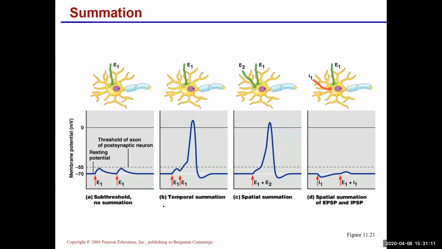Right over here, you have no summation. What is happening? There is an excitatory signal coming in from the presynaptic neuron. This is a postsynaptic neuron, but it's not enough to cause the action potential. You can see it's probably positive 14. It's a little bit shy of reaching negative 15, which was the threshold. And then again, the sodium potassium pump restores the balance.